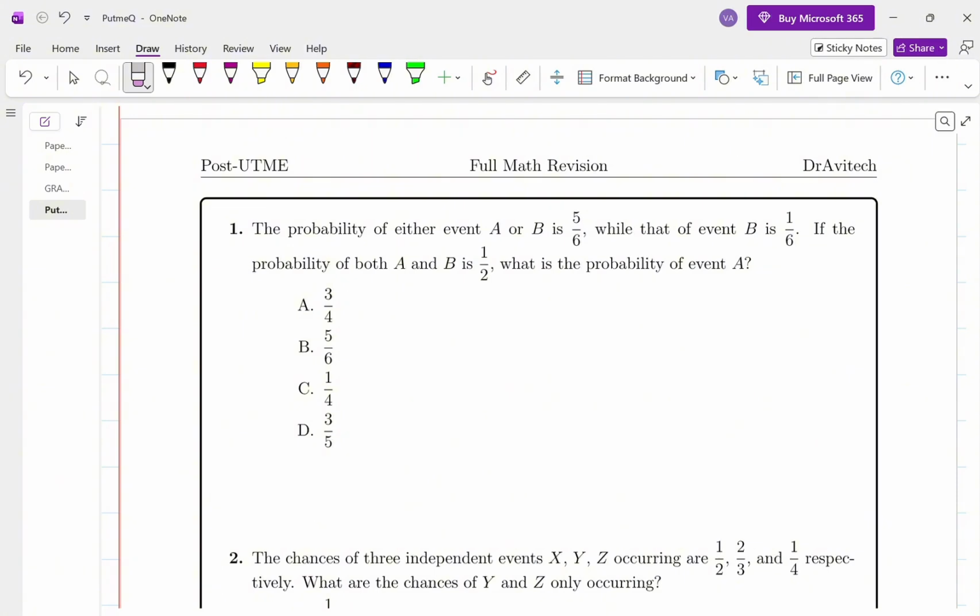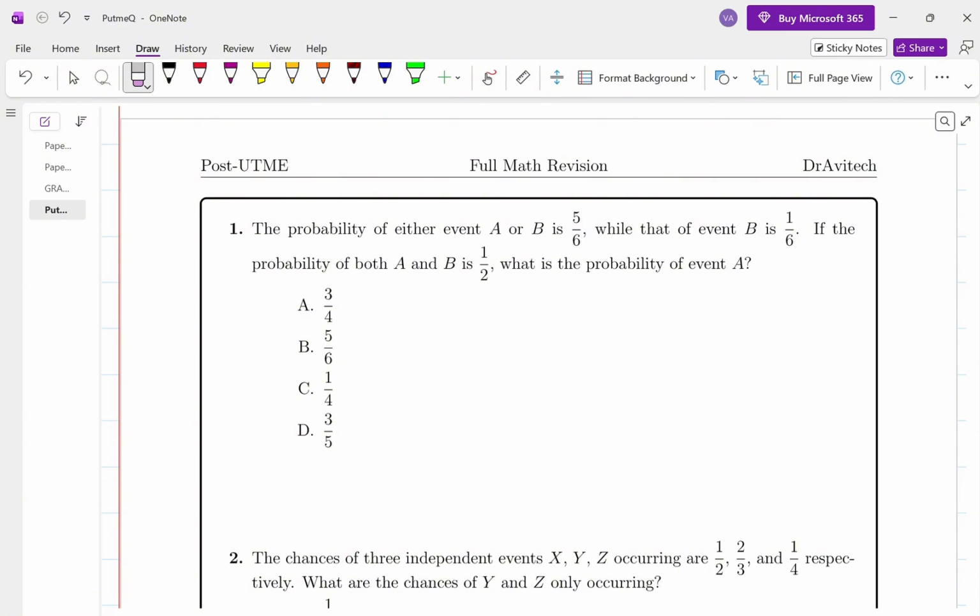Maths doesn't change. In the exam you would see some SS1 topics, some SS2 topics, some further maths topics. So it's actually a combination. You don't say that because it's Post-UTME, you're not going to treat some topics because they're very simple.